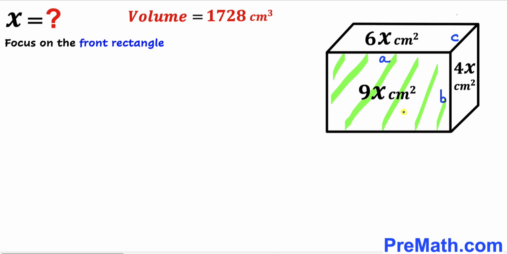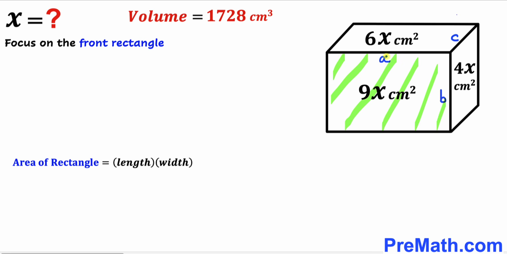And here's our next step. Let's focus on this front rectangle. We can see the area of this front rectangle has been given to us as 9x centimeter square. And now let's recall the area of a rectangle formula. Area is always equal to length times the width of the rectangle.